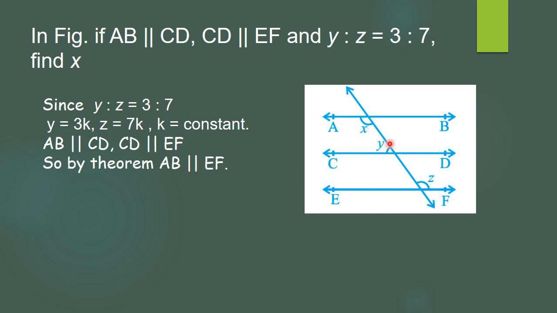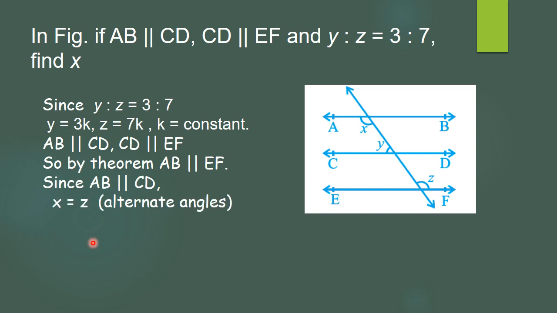So angle x will be equal to angle z, as they are alternate angles. But what is the value of z? It is 7k. So x will be 7k.